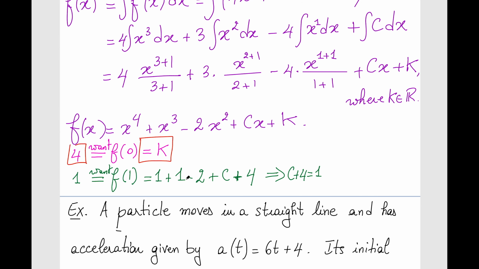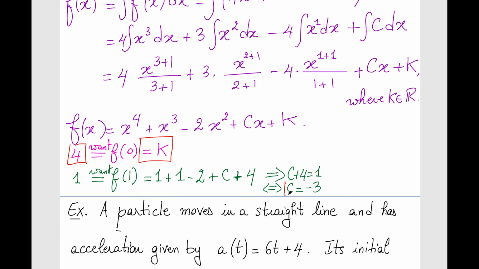One more time. 1 plus 1 minus 2 is 0. So this whole thing becomes c plus 4. And it should be equal to 1, you see? So that's exactly what I wrote. And what does it mean? So c is how much? Negative 3, right? So c is negative 3.